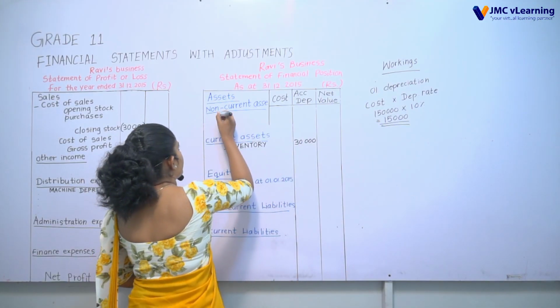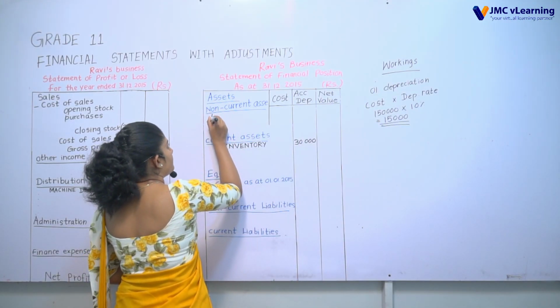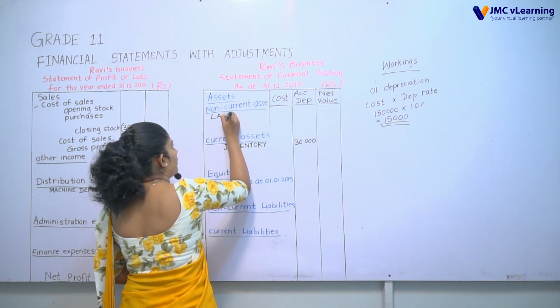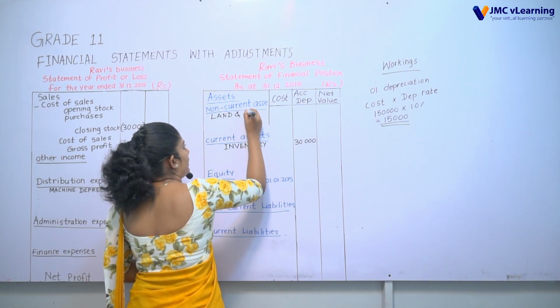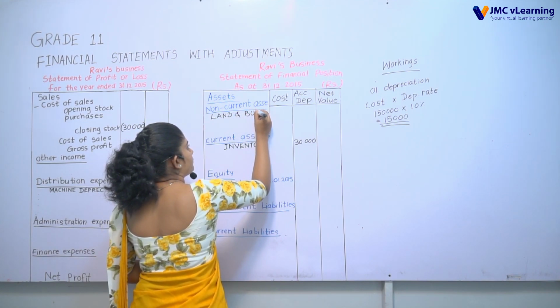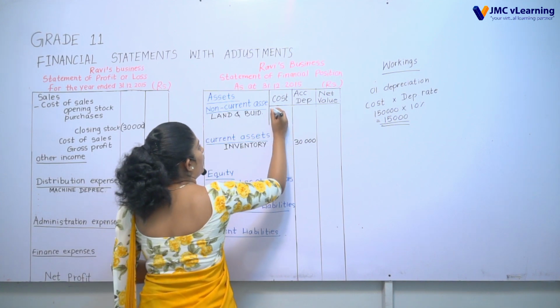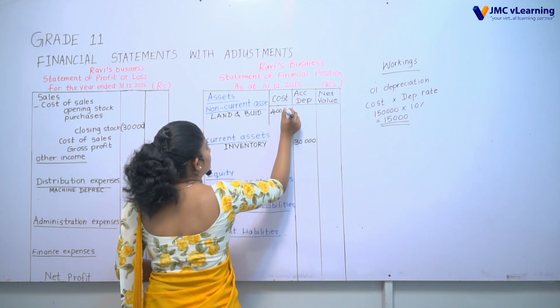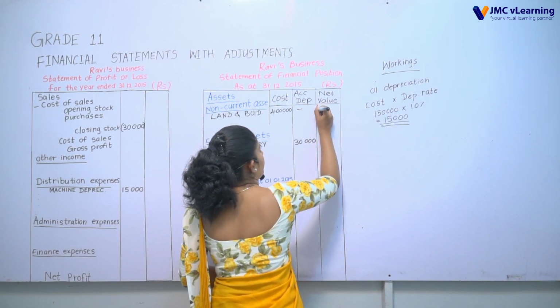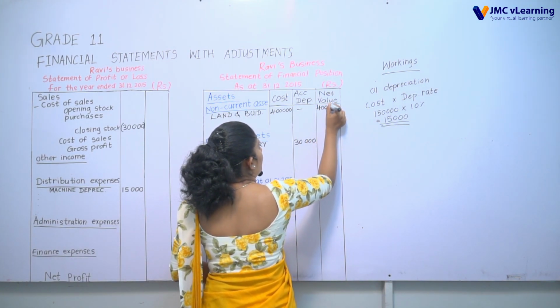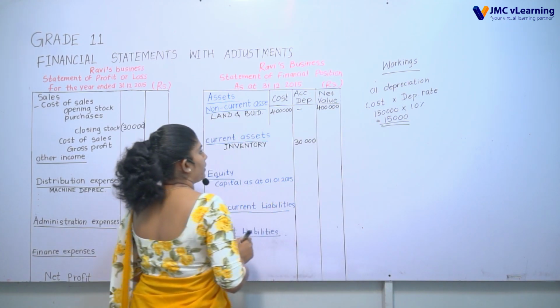Land and building 400,000. No accumulated depreciation, net value also 400,000.